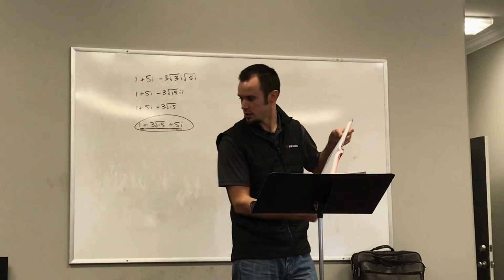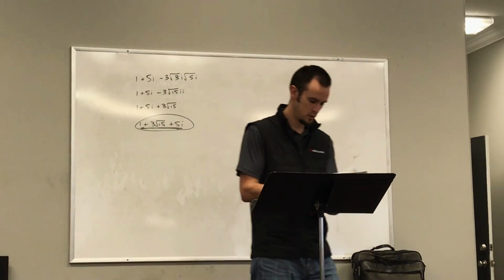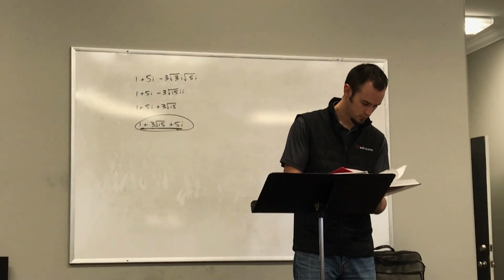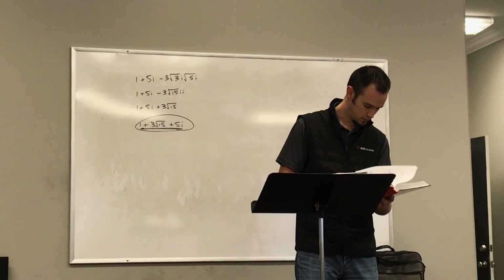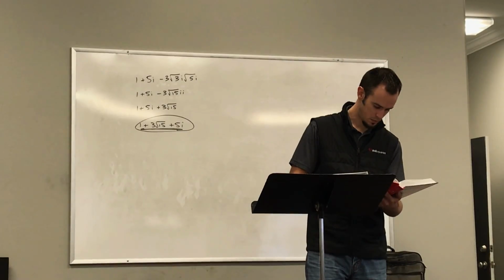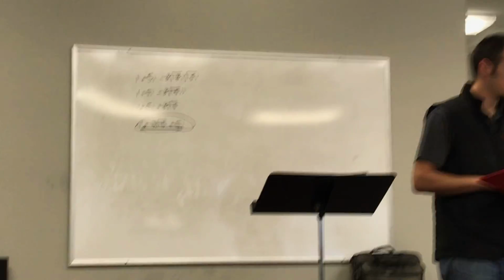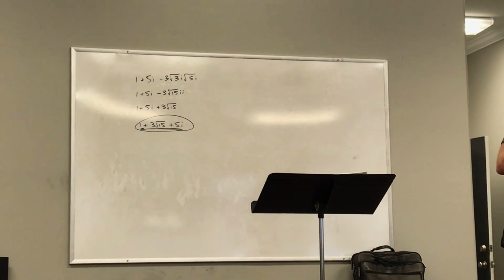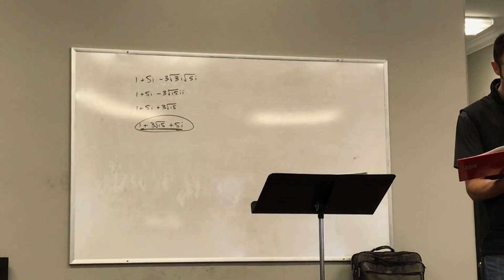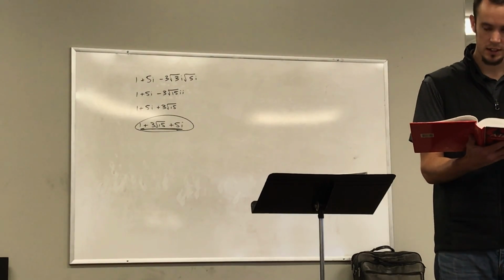Alright, lesson 60. What's the problem set there, Mr. Levy? 1 through 16, 25 through 30. Number 1 is 28. Number 2 is 160. Number 3 is 16.